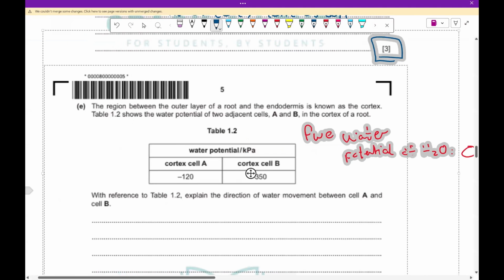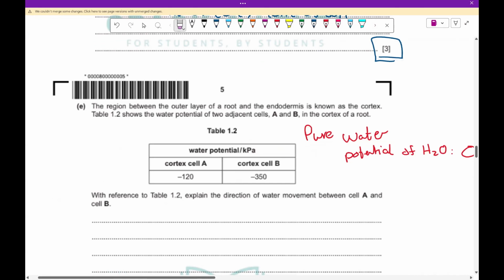So if we analyze the table over here, cortex cell A has negative 120 and cortex cell B has negative 350. So we can see that negative 350 is smaller than negative 120. And we know that water travels by osmosis from higher water potential to lower water potential.